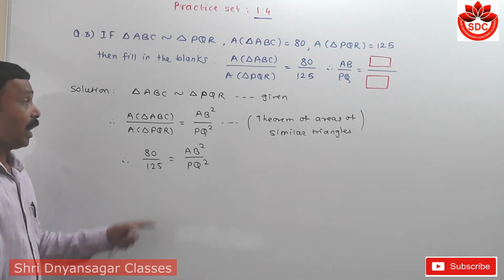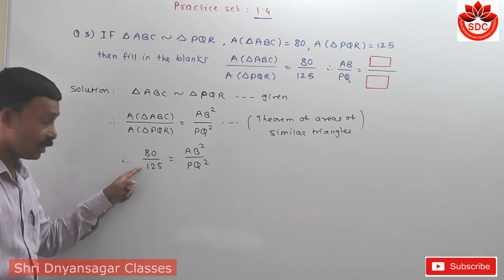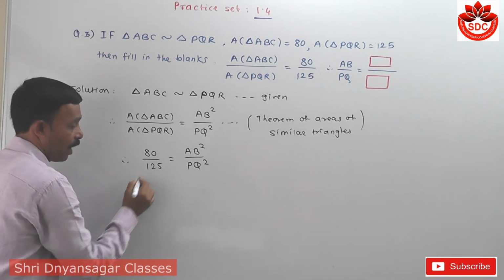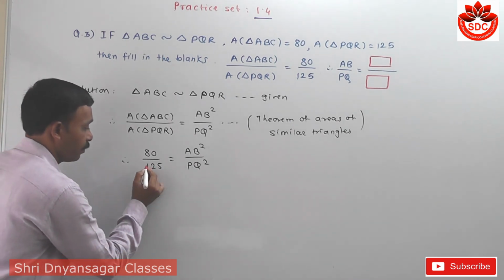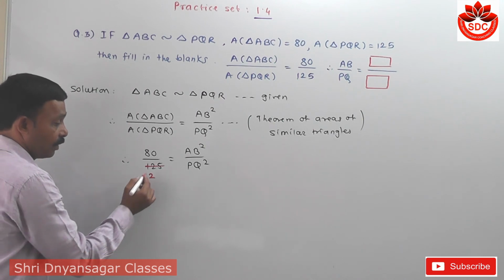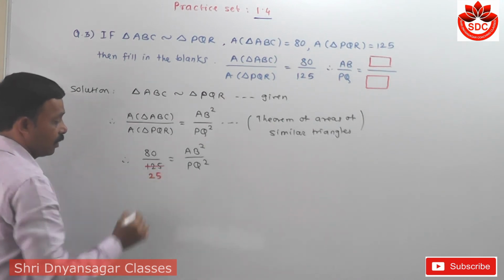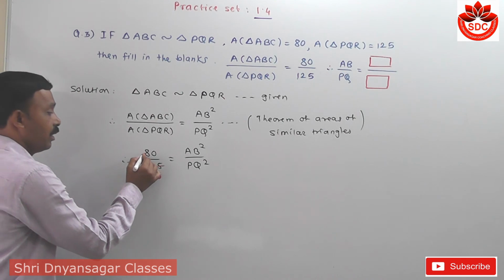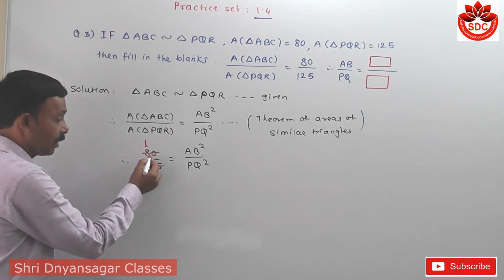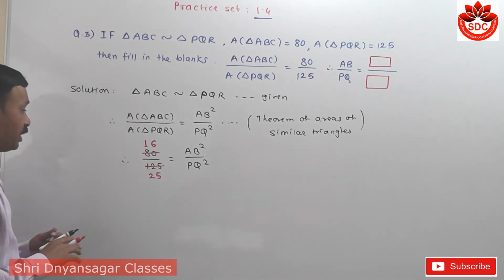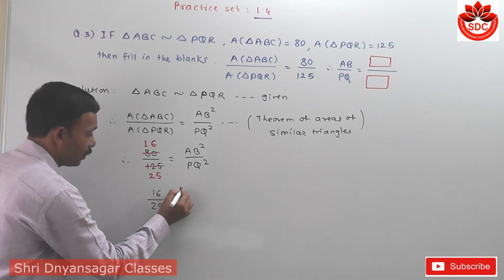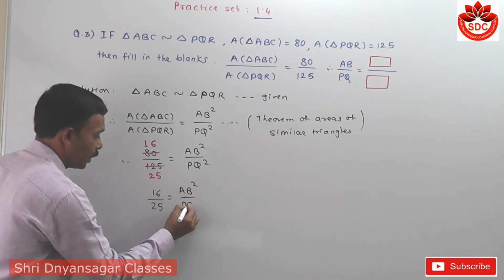Okay, then by using this, we simplify this 80 upon 125 by 5. 5 2s are 10, carry 2, becomes 25, then 5. Then in the numerator 5 1s are 5, 3 carry becomes 30, 5 6s, meaning we get the ratio 16 upon 25 is equal to AB square upon PQ square.